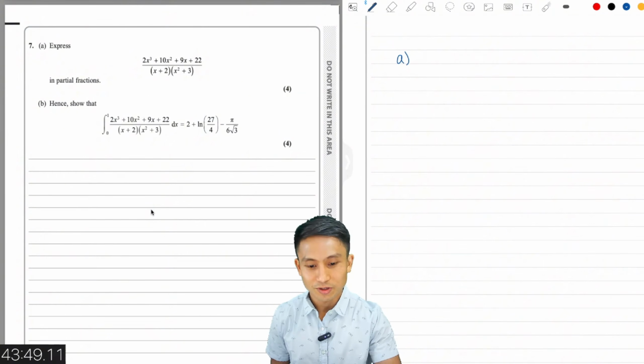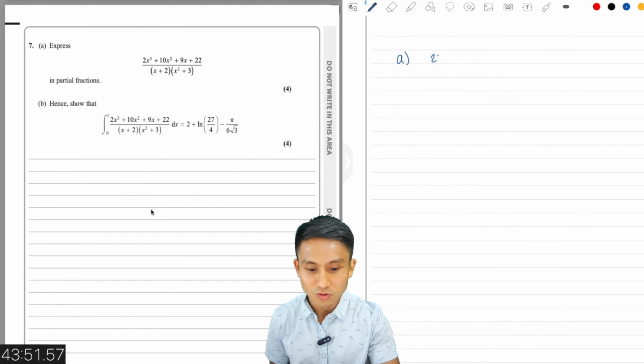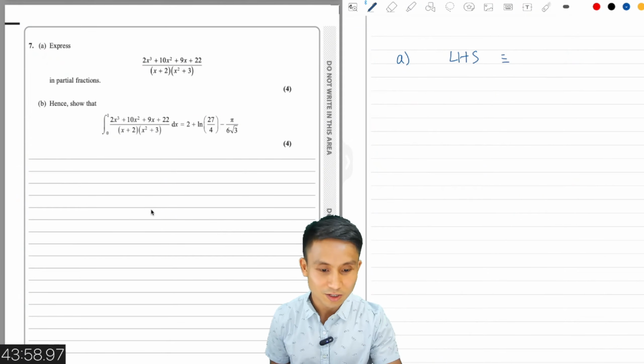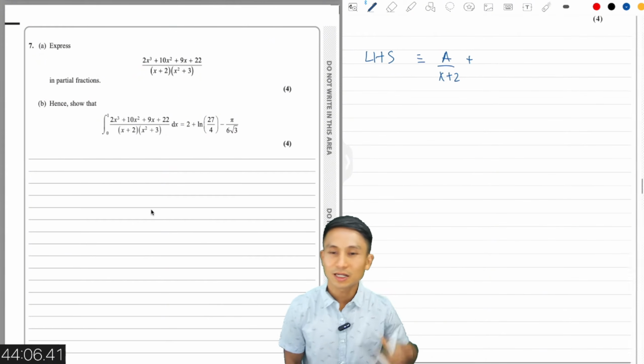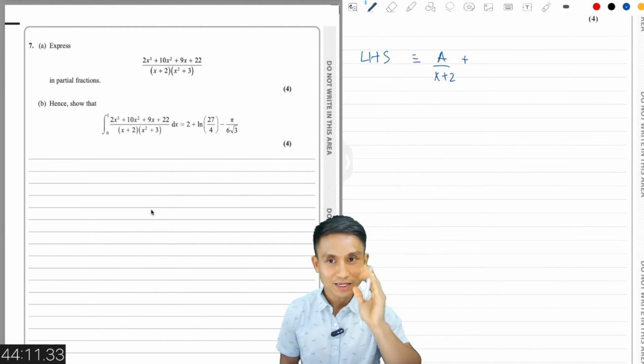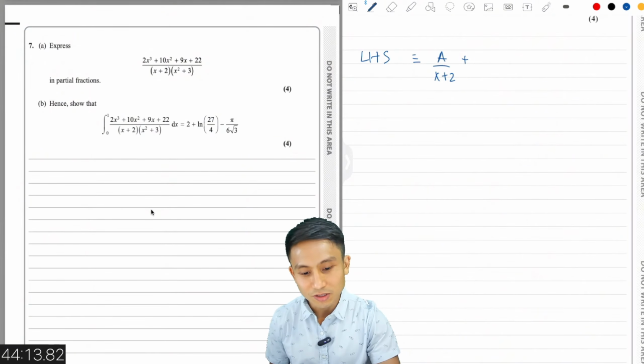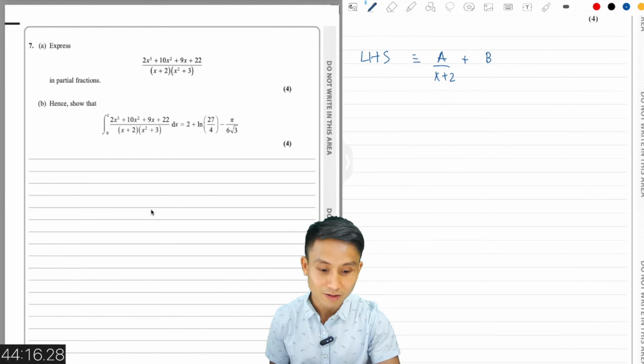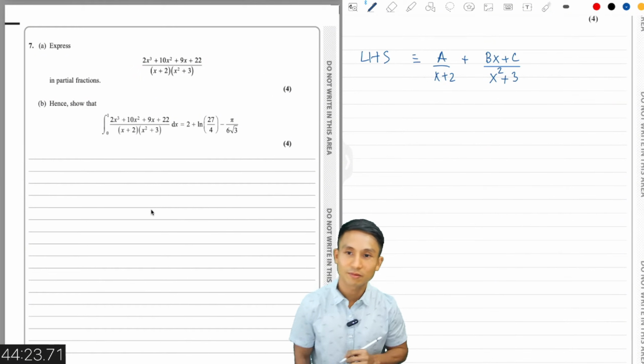So let's do the left-hand side, which is the given form, equal to A over x plus 2, plus, because the other factor in the brackets there is a second order, on the numerator you need to put the linear form, bx plus c. It's a linear form because the bottom here is a quadratic factor, x squared plus 3.